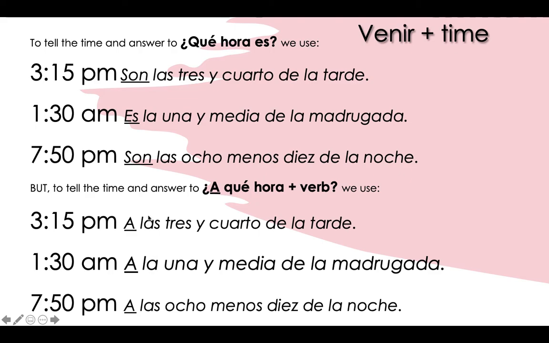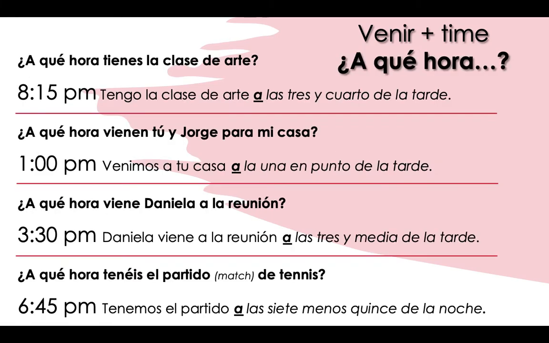So instead of saying son las 3:15 de la tarde, we're going to say a las 3:15 de la tarde, which means at 3:15 p.m., or a la 1:30 de la madrugada, which means at 1:30 in the early morning. Or we're going to say a las 8 menos 10 de la noche to say at 7:50 p.m.